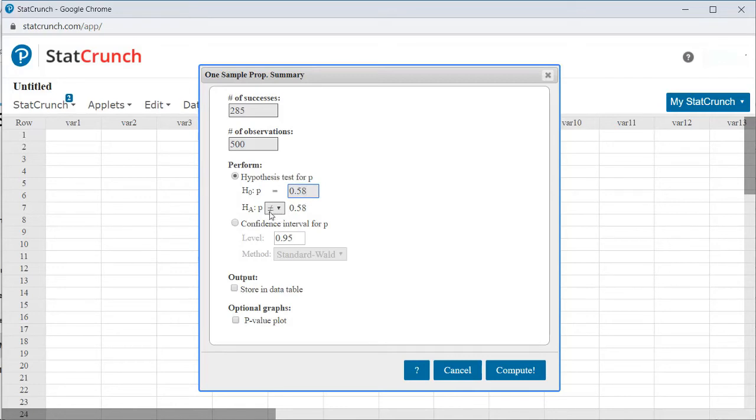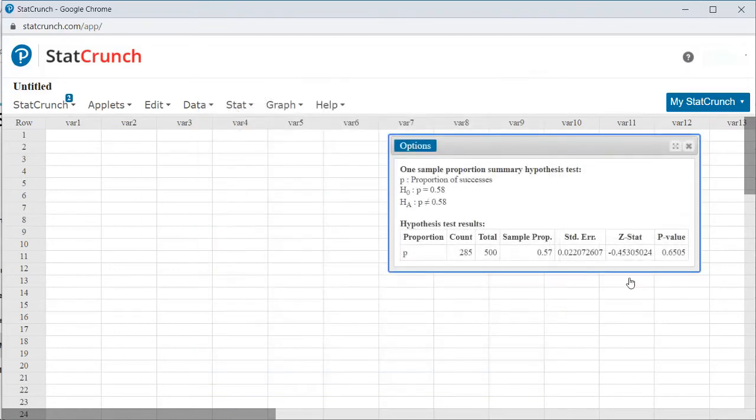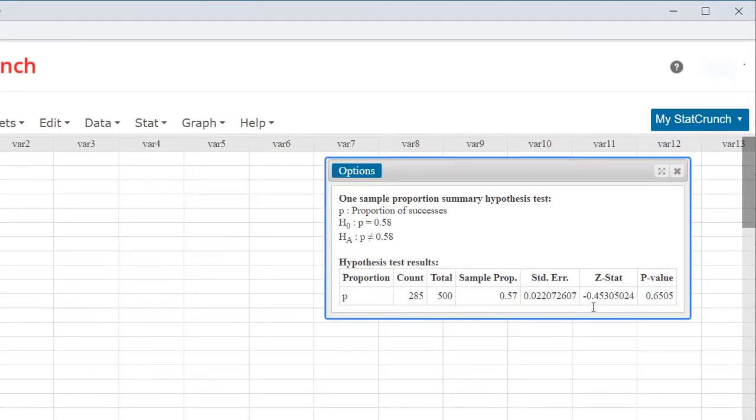And we have a not equals to for the alternative hypothesis. If I say compute, StatCrunch returns the value of the test statistic, z0 equals negative 0.453, which agrees with both our by hand and our calculator results, and the p-value equals 0.6505, which again agrees with both our by hand and calculator results.